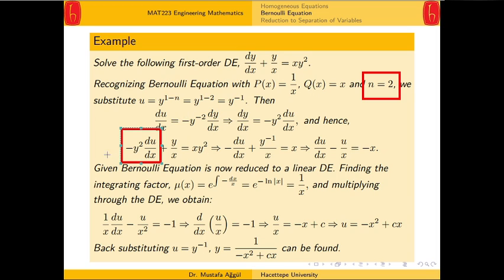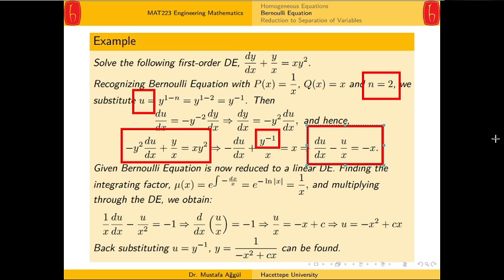If we divide everything by y squared, we will have negative du/dx plus y to the negative 1 over x equals x. Now y to the negative 1 is u for us. So we replace this term by u, and this will be our new differential equation.